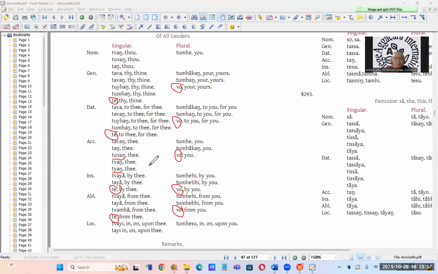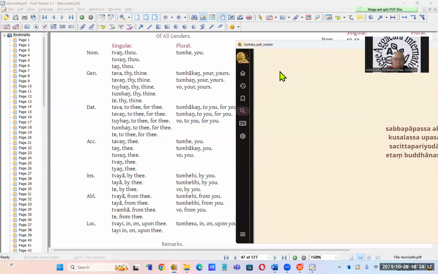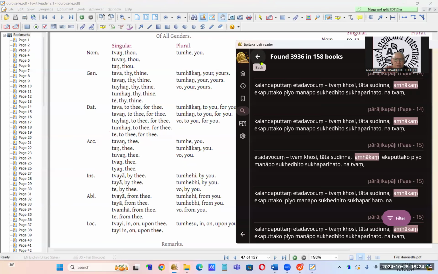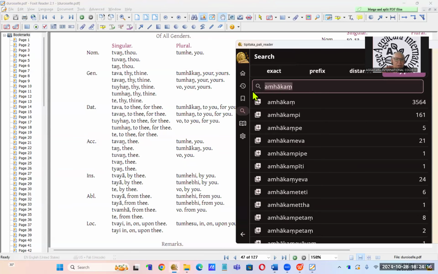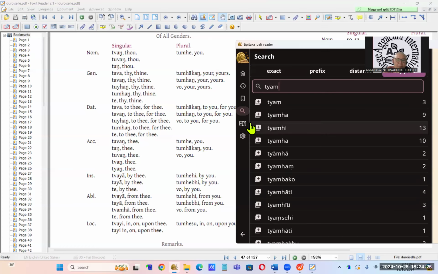So different forms, different possible forms, but do they really exist in the Tipitaka? You all have downloaded this software, right? So basically, you can do a search yourself. Let's say, just now, with this one, tyam.